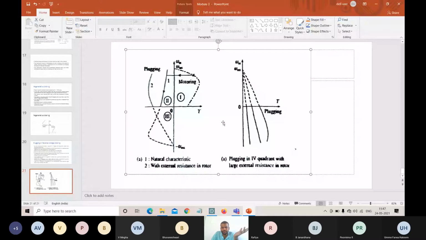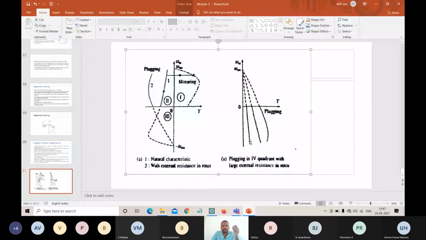So here also, the fourth quadrant operation is the same thing with the help of external resistance. We are going for the external resistance method, and here is the plugging of the fourth quadrant with the large external resistance.